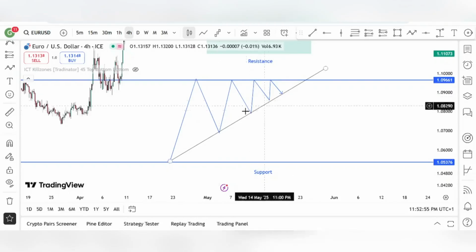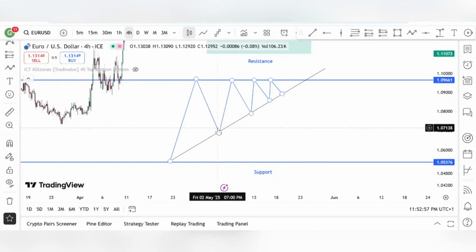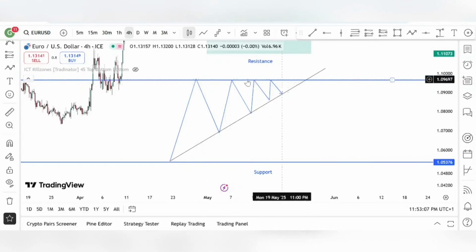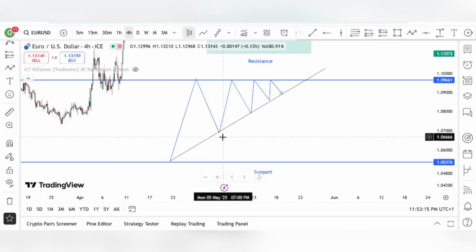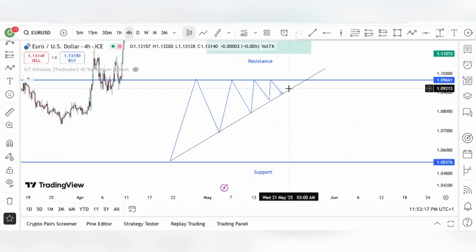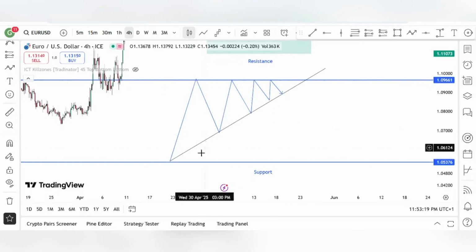So what are the characteristics of this pattern? It makes equal highs, that is the same highs on a horizontal resistance base. Same highs, this is a resistance. It makes almost equal highs. But then the bottom makes higher lows.